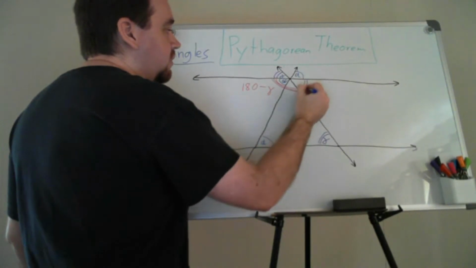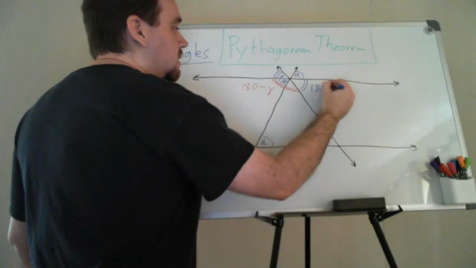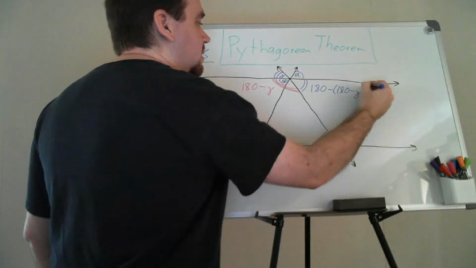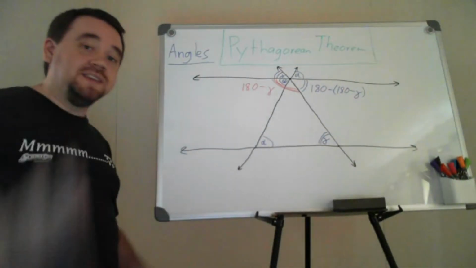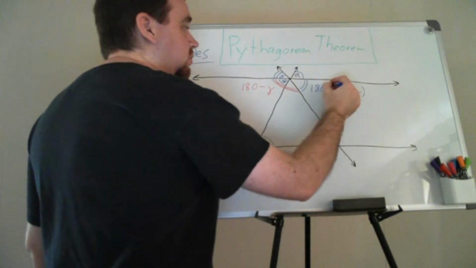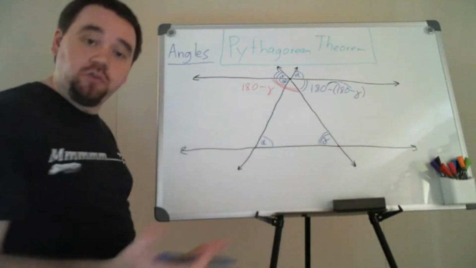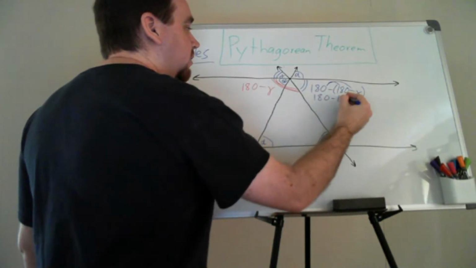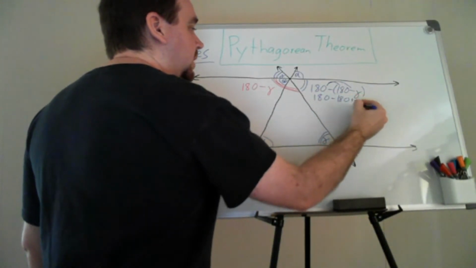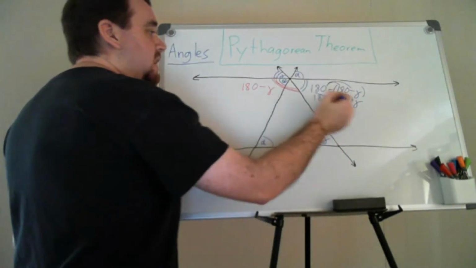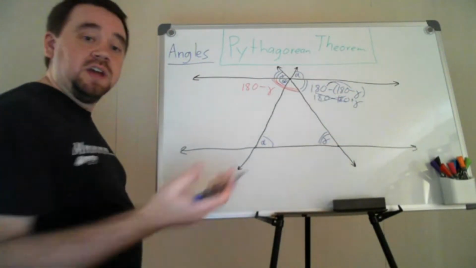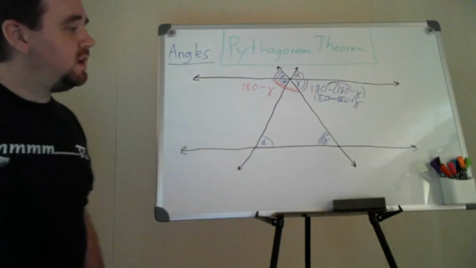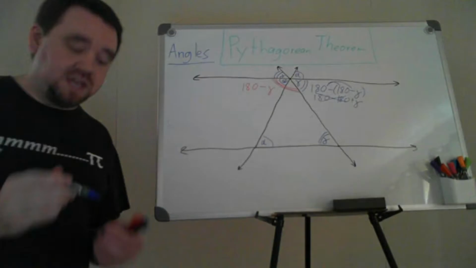So this distance must be 180 minus what I already have, which is 180 minus gamma. And doing the exact same algebra, which I'll just do again for reminder's sake, distribute the negative: 180 minus 180 plus gamma. The 180 minus 180 is 0, so it cancels out, leaving me with gamma. And so now I know this must also equal gamma.